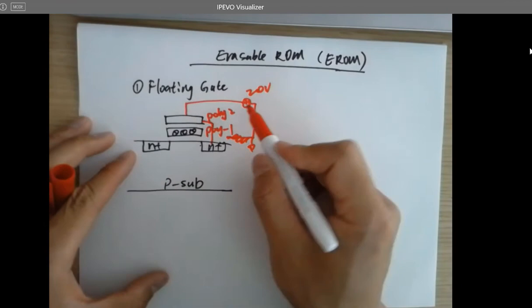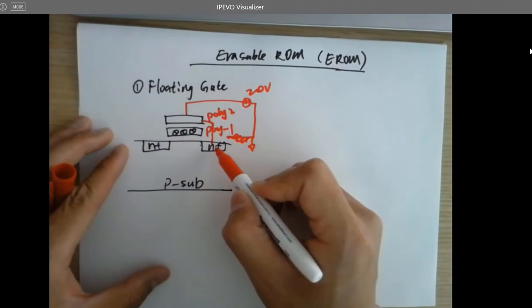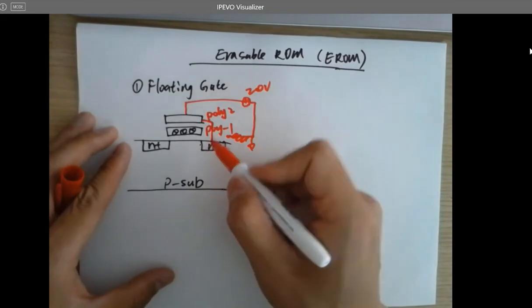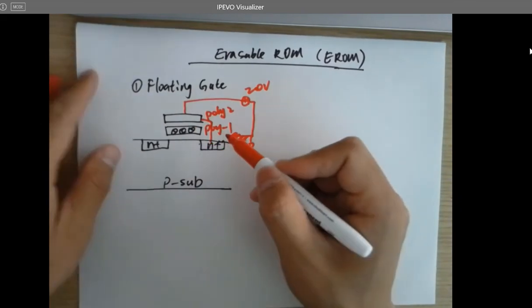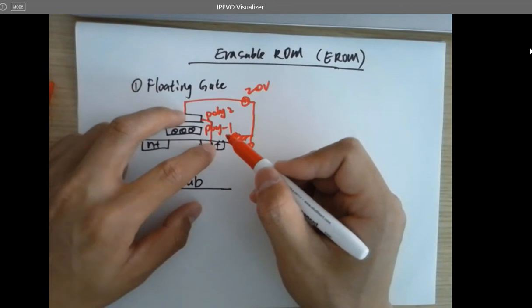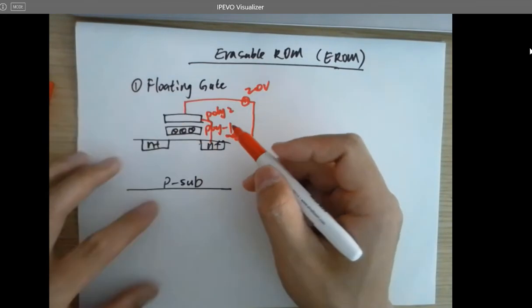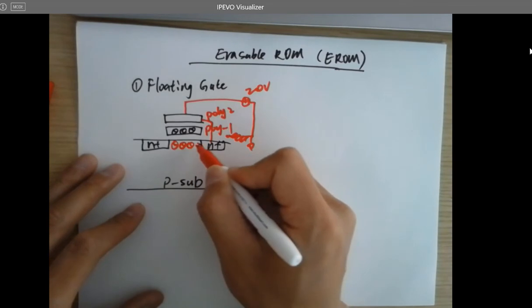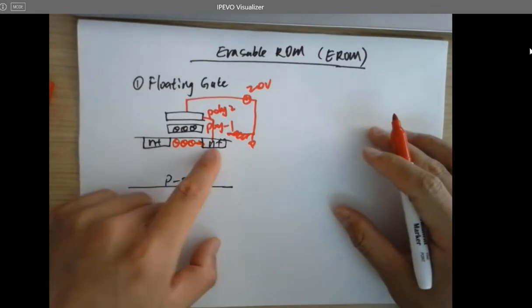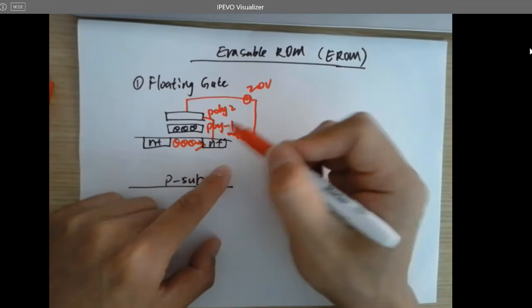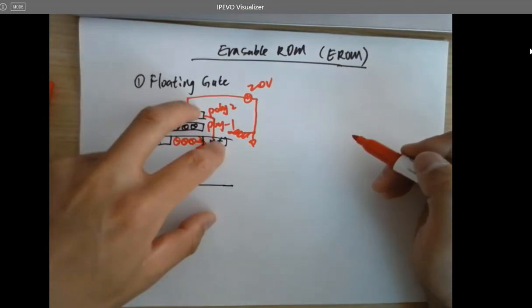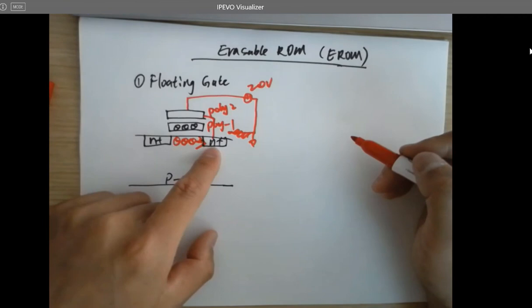If you apply 20 volts to the gate, and this is a source or drain, doesn't matter, these two terminals have a pretty high positive voltage, which is going to attract the electrons. It's going to turn on the channel. So electrons are going to flow in that direction, right? Because of the pretty high voltage, electrons will flow.